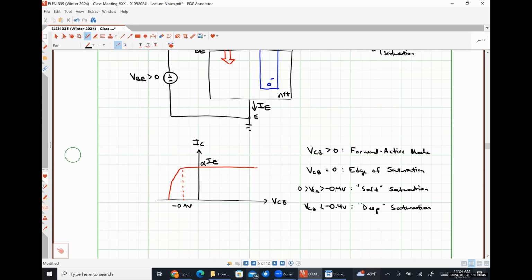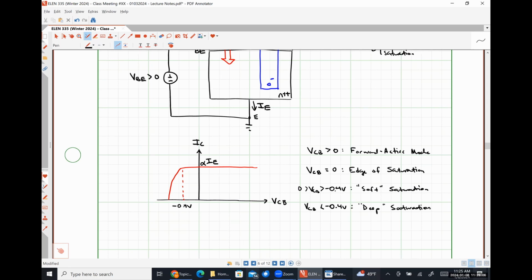It's not until we hit the deep saturation mode of operation that using a BJT as an amplifier is just going to give us utter garbage results. And this is fairly different than what we're going to see with MOSFET transistors, I think, next week.